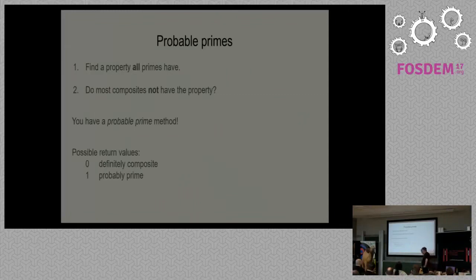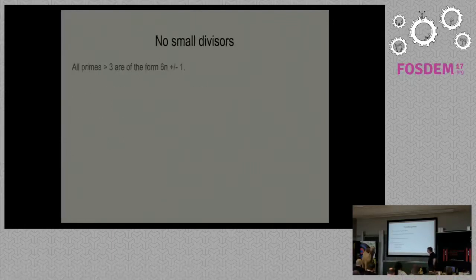So the common return values are 0, definitely composite, and 1, probably prime. Sometimes we'll add something for definitely prime. And minus 1: if these are your only responses and you're doing a Lucas-Lehmer test and it's not a Mersenne number, well, you can't return anything here. It's the wrong form. You don't know what it is.